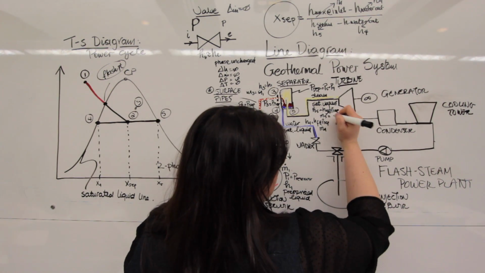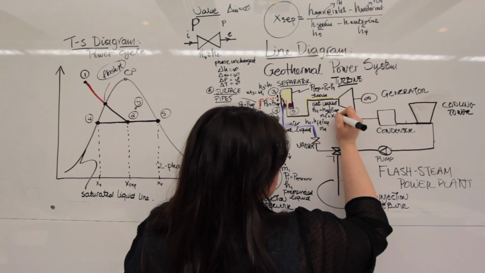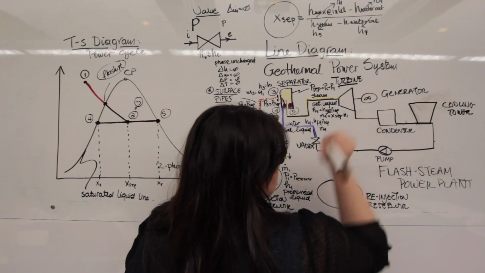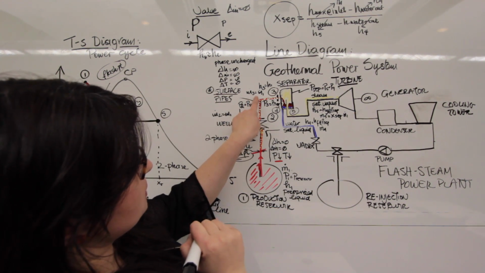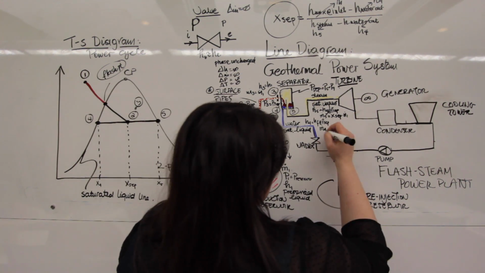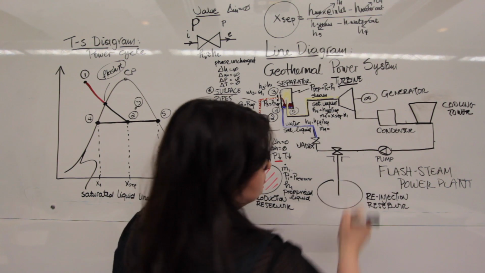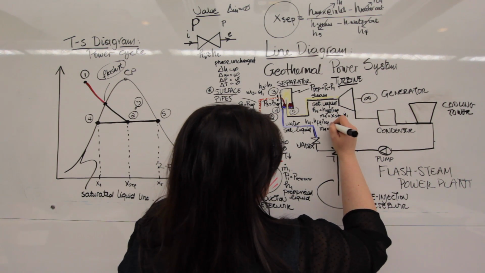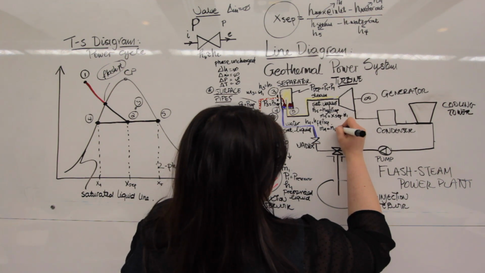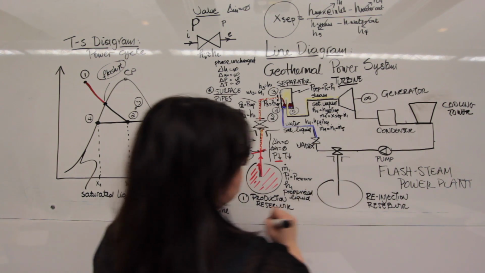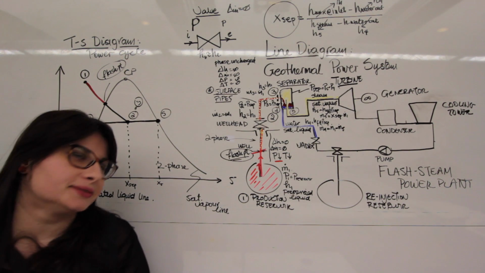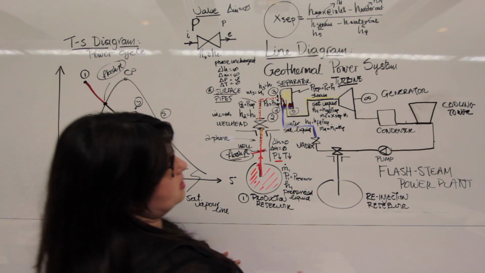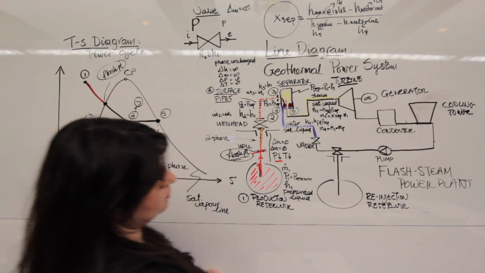Well, m dot 5 is equal to x of the separator times m dot 1, because m dot 1 is equal to m dot 3, and m dot 4, mass balance, that would be equal to m dot 1 minus m dot 5. Easy peasy, right? Okay. Right, so we're done with the separator.